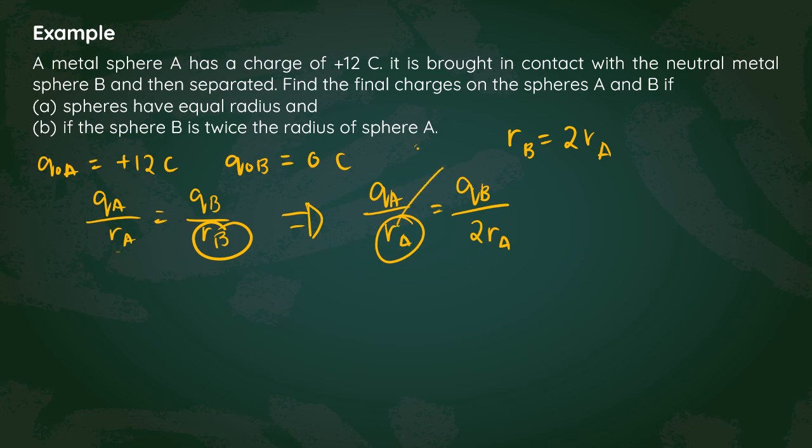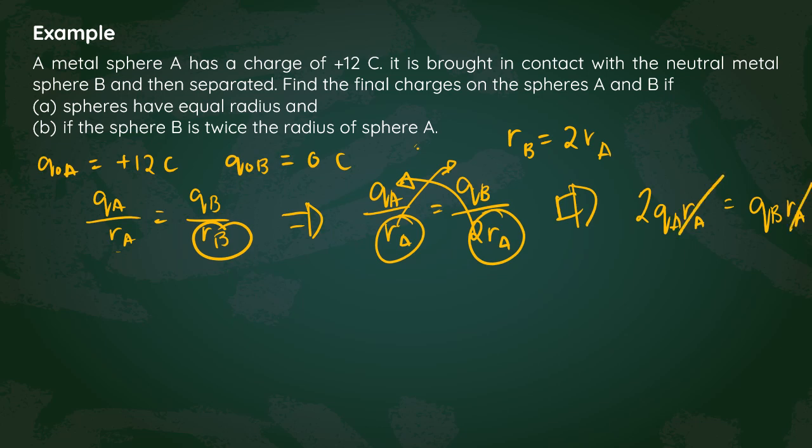If we transpose these, our equation will become 2QARA is equal to QBRA. Canceling both the RA on both sides of our equation, we are left with 2QA equals QB.